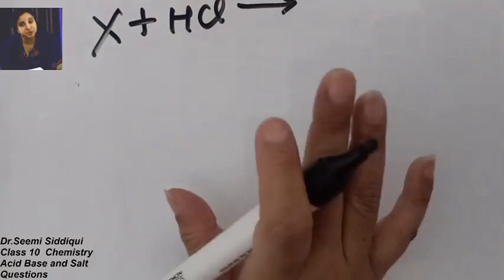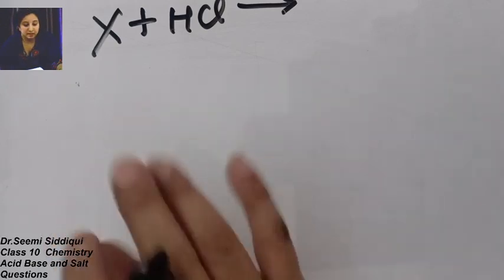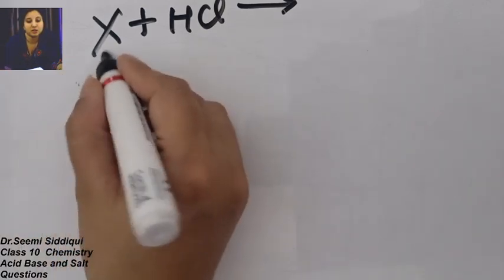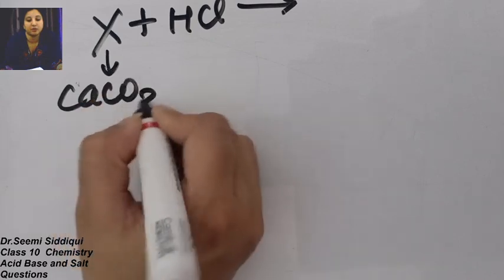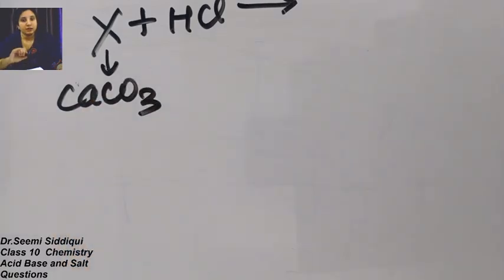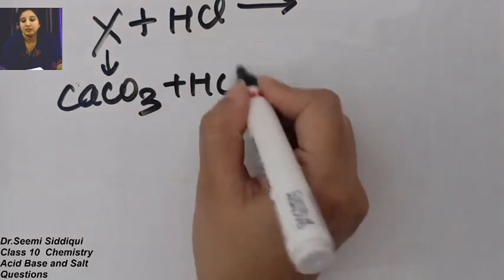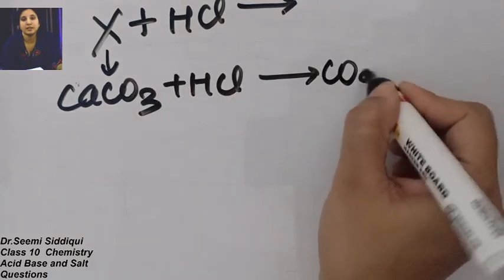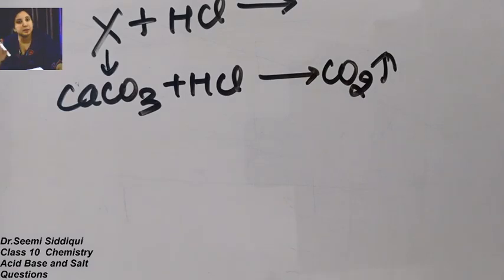Now it is very sure you also know that the metal is going to be calcium carbonate. When it reacts with HCl, it is going to liberate CO2 gas. Other products I am not writing. I am just confining to the question.